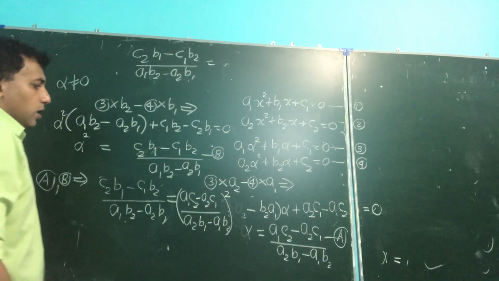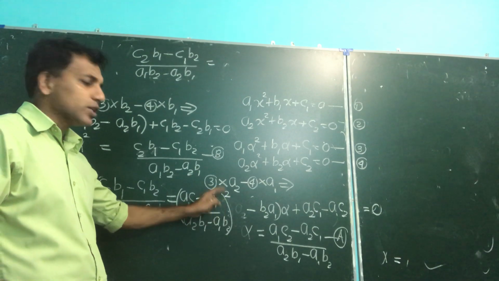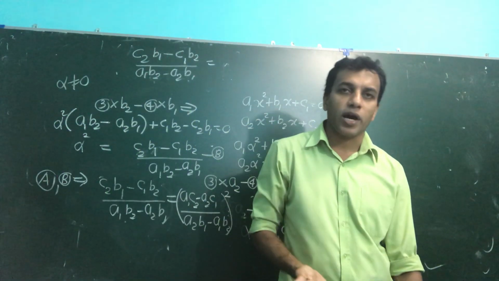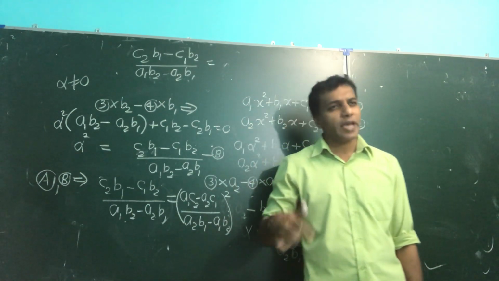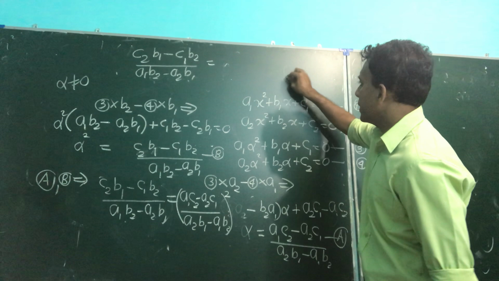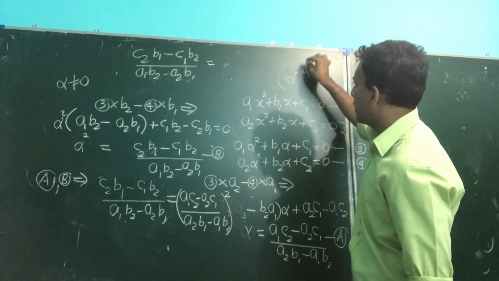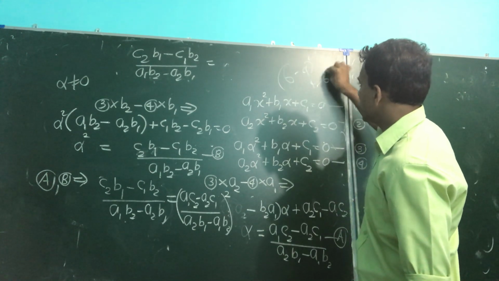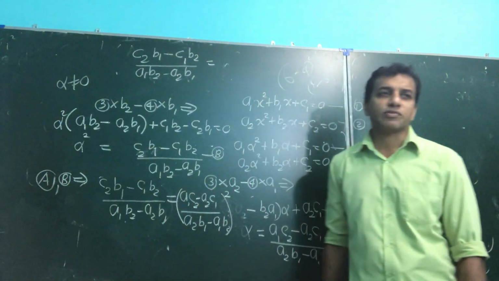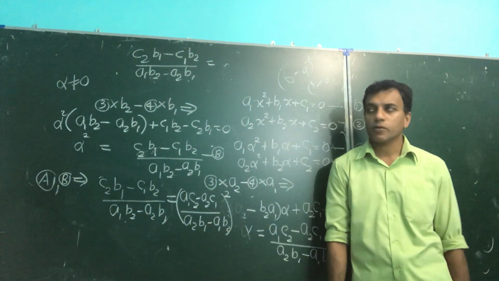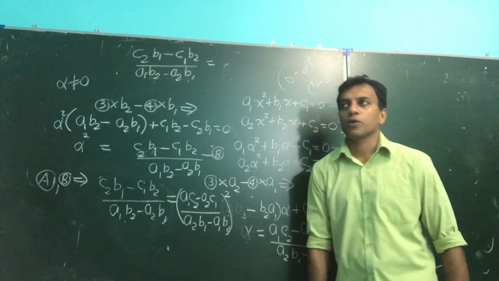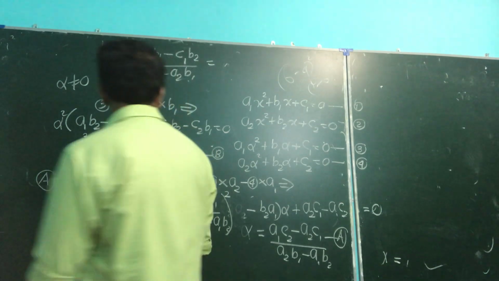Inside the squares you can change, no problem. That means A minus B square equals B minus A square. 6 minus 4, all squared, and 4 minus 6, all squared, both give the same answer. 6 minus 4 is 2, square is 4. 4 minus 6 is minus 2, square is 4. So inside the squares you can change, no problem.